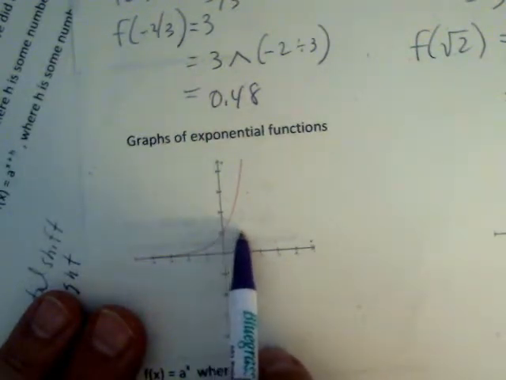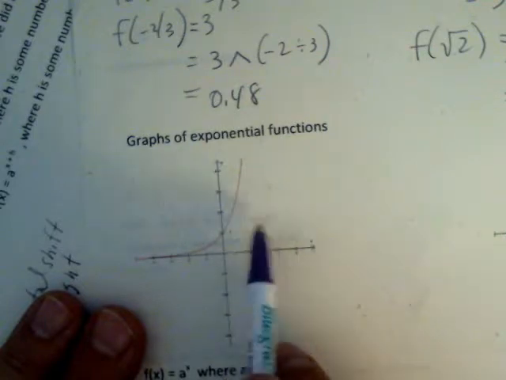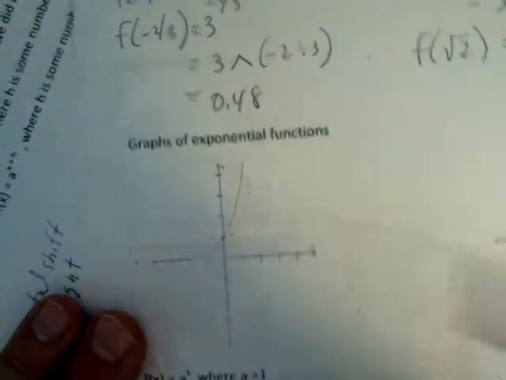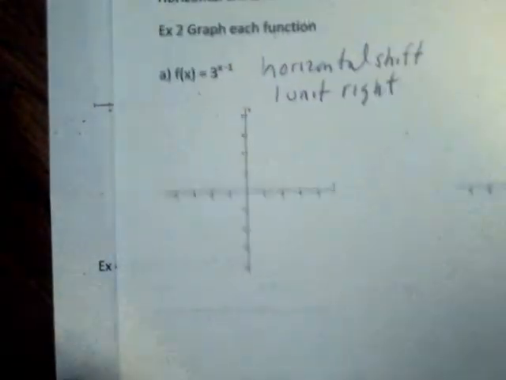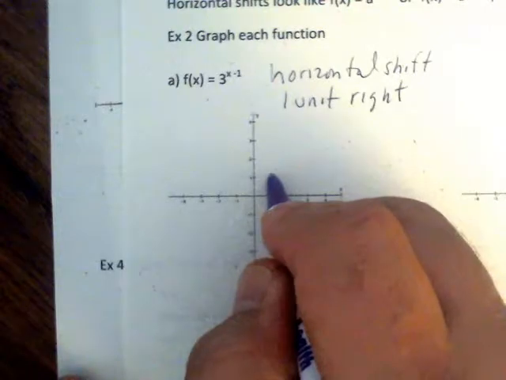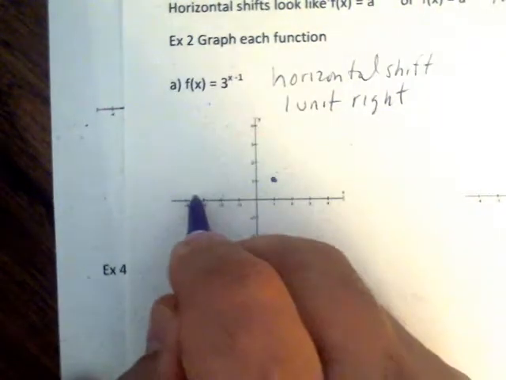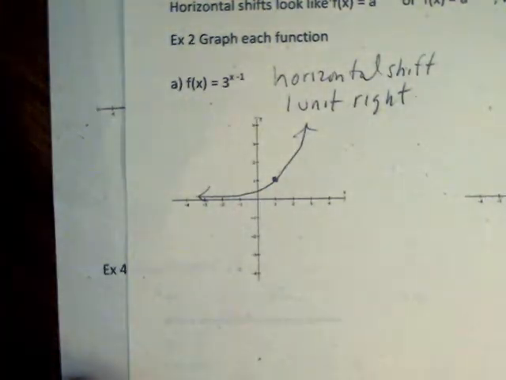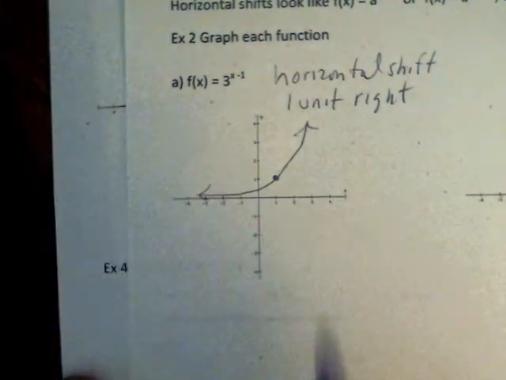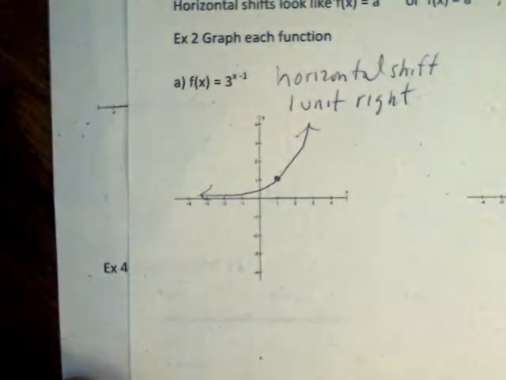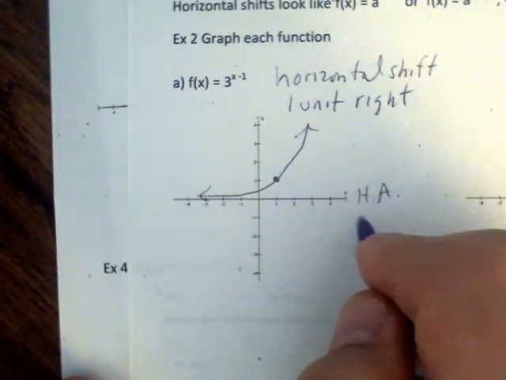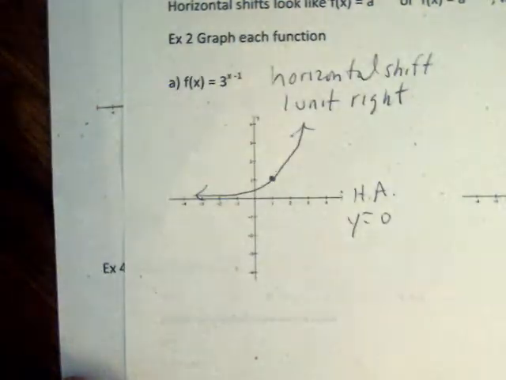And what I'm going to do is I always shift the y-intercept. That's, to me, the easiest way to do this: move your y-intercept and re-sketch it. So instead of being here, I'm going to move it there and then sketch it. Okay, it's just a sketch. Just remember it's got a curve. Don't make a straight line. And we have a horizontal asymptote at y equals 0.